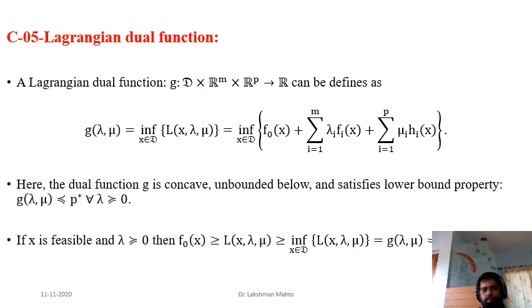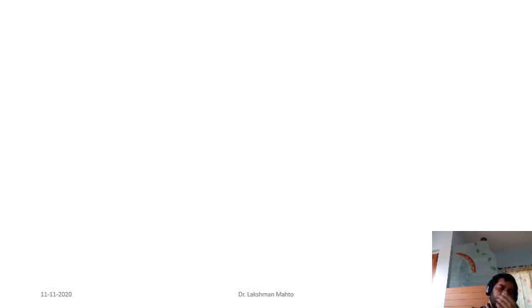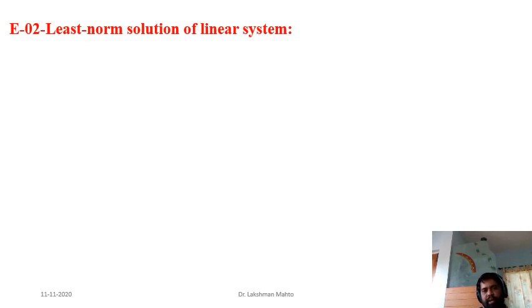Now I will take an example where we will define a Lagrange dual problem with respect to a given optimization problem. The simplest problem I have taken as an example is the least norm solution of a linear system. Suppose we have a consistent linear system, a 2 by 2 system, or simply a system in R2.